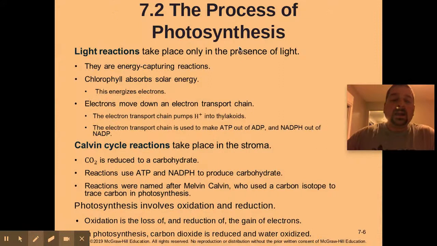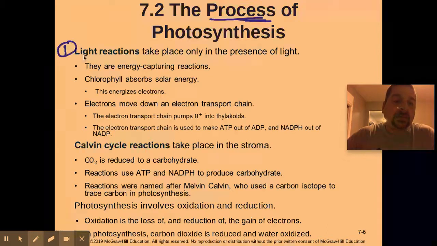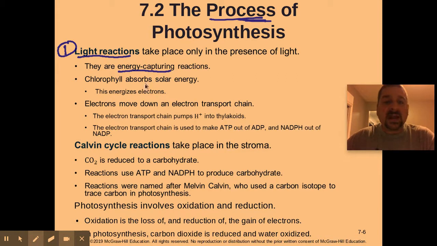Here's an overview of the process of photosynthesis, and I don't want to spend a lot of time on this because we're going to go through these two more in depth in the next couple sections. First off, the light reactions. This is the first step. They are the light capturing or energy capturing reactions where chlorophyll absorbs the light. It's going to energize electrons.